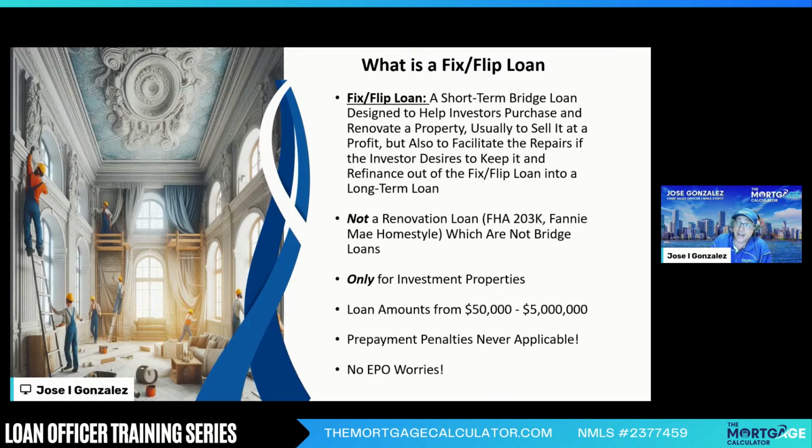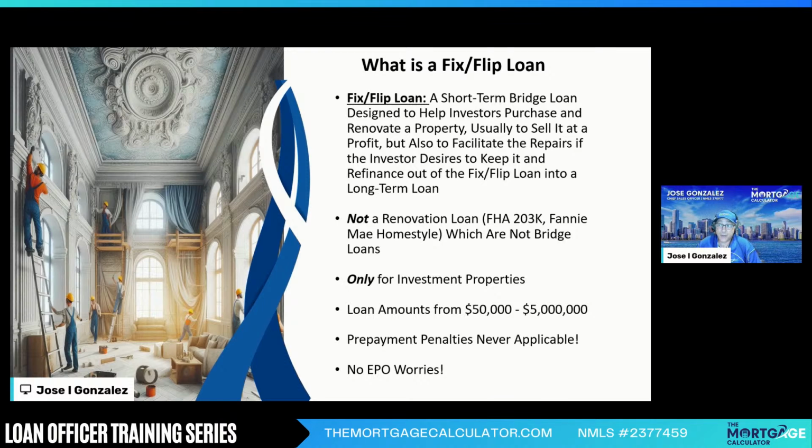It is not a renovation loan in the traditional sense of the word, like the FHA 203K and the Fannie Mae HomeStyle. These are not bridge loans, right? And those are offered for investment properties. I mean, the conventional Fannie Mae HomeStyle offers an investment property option, but the FHA 203K definitely does not offer an investment property option.